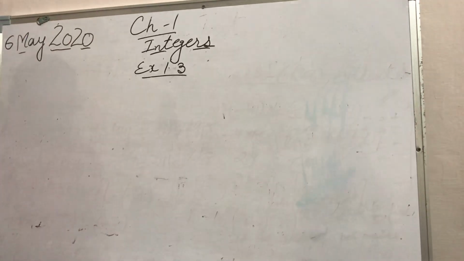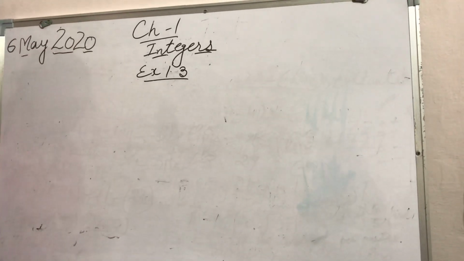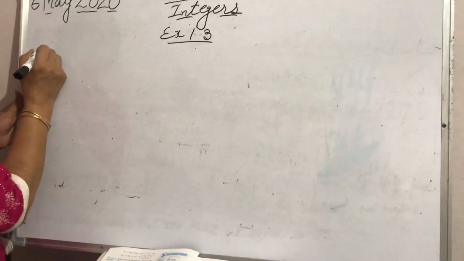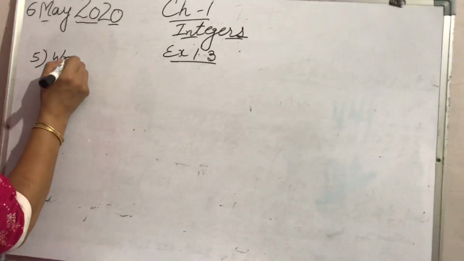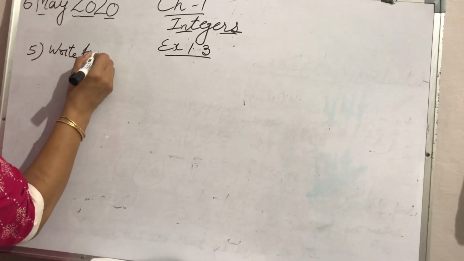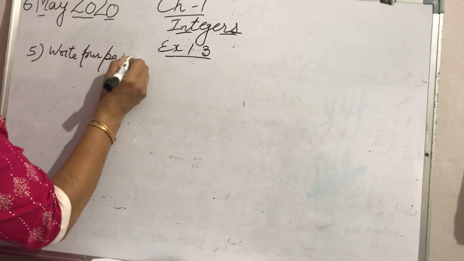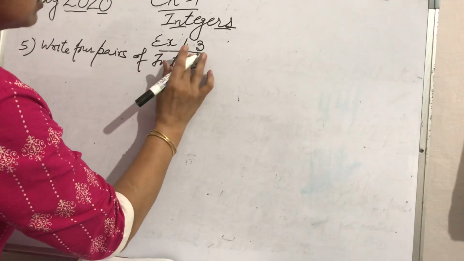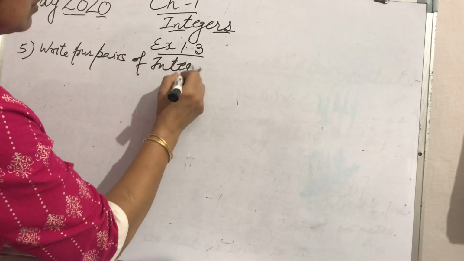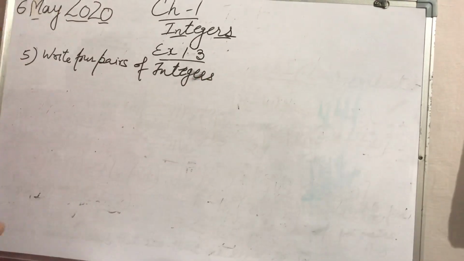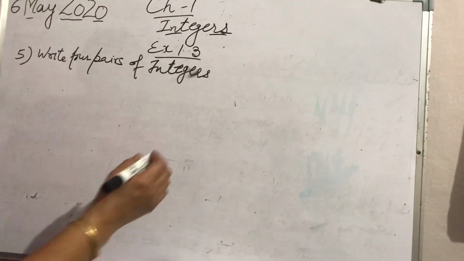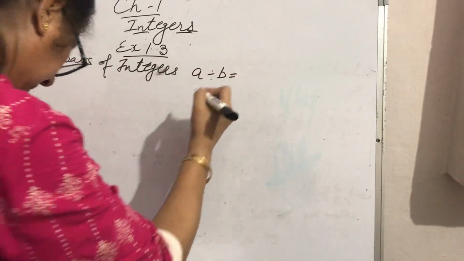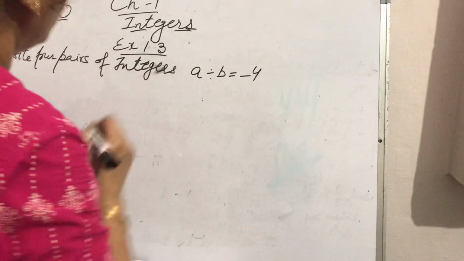Fifth part, write 4 pairs of integers such that a divided by b is equal to -4.